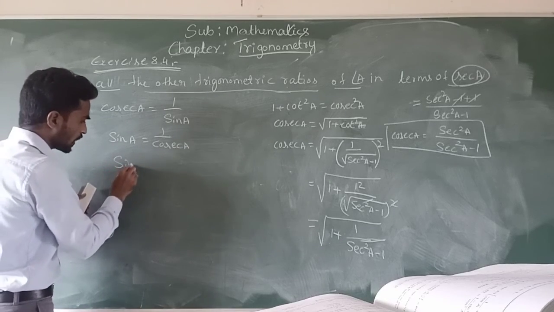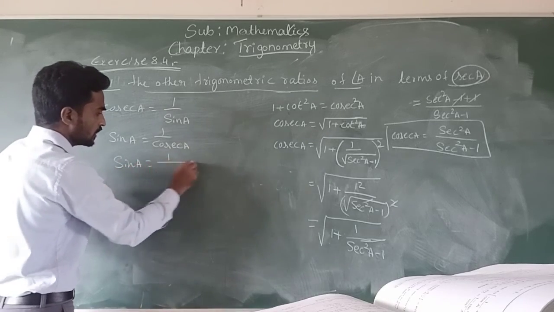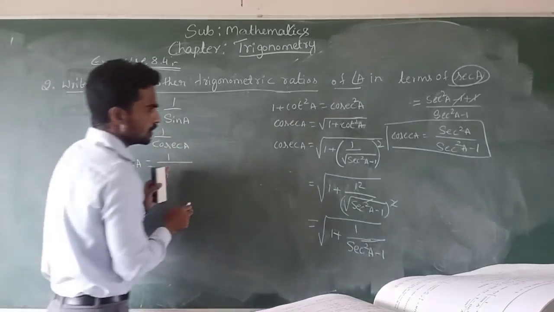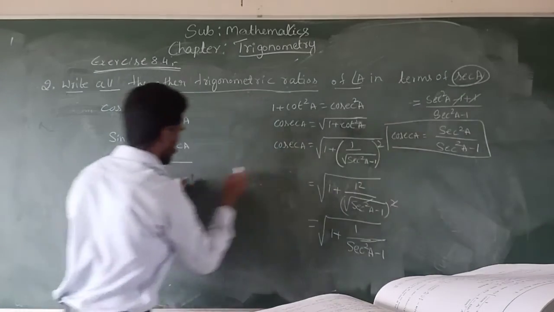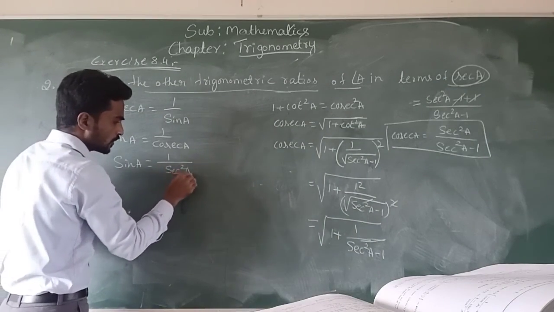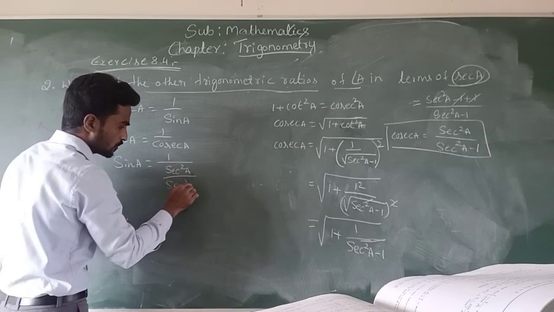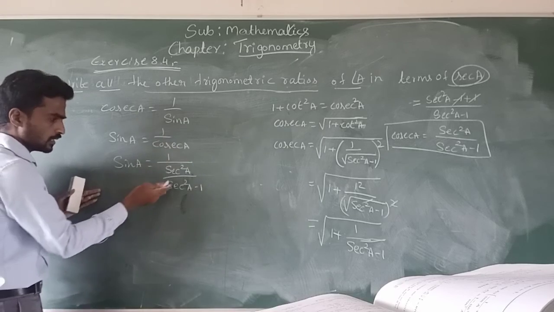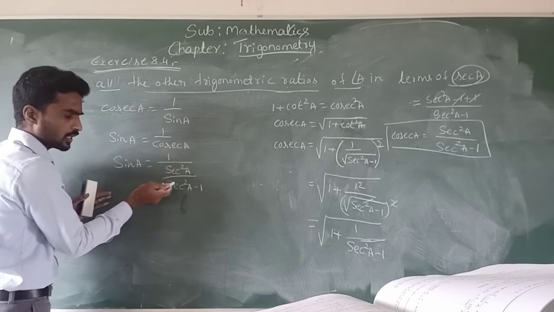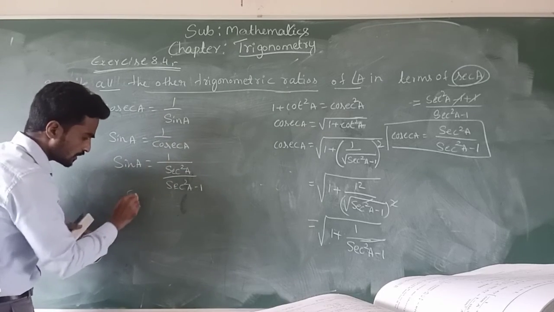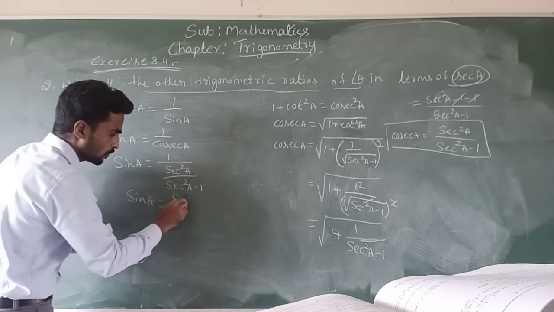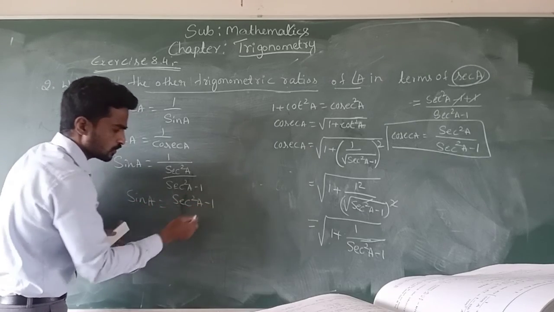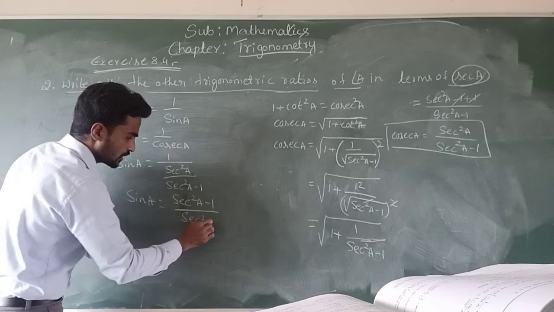Now substitute the value of cosecant A in this equation. We get 1 divided by secant square A over secant square A minus 1. Take this into the numerator, then the numerator and denominator will be interchanged. Then sin A is equal to secant square A minus 1 divided by secant square A.